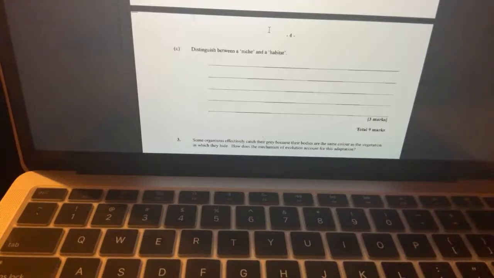Tavon, awesome answer. But you're using definitions. Here, I see another answer from Dom. It says, a niche is the full range of physical and biological conditions in which the organism lives and the way it uses these conditions. Good job. How would you contrast that to the habitat?